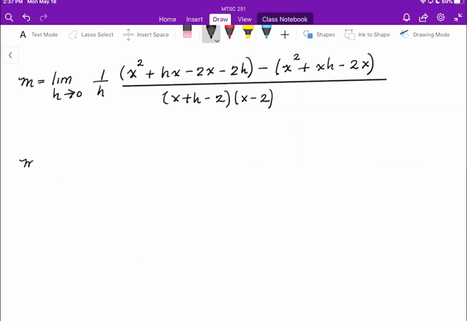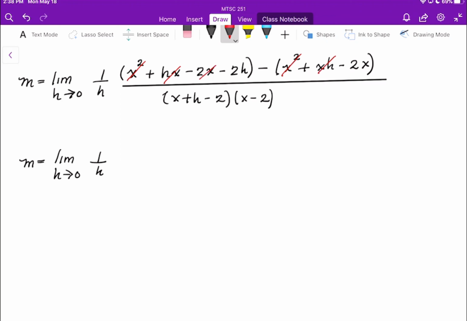So m is equal to the limit as h approaches 0 of 1 over h. So let's see what we can eliminate. x squared is going to add to negative x squared. And then hx is going to add to negative hx.